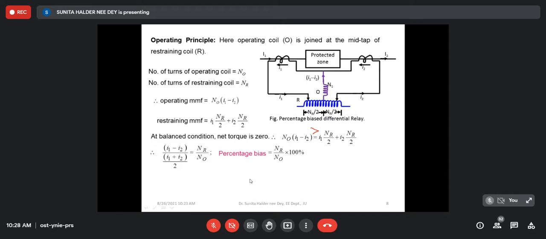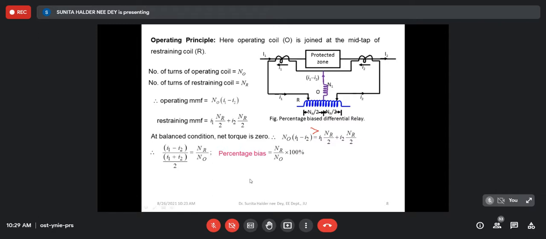Why do we need a percentage bias differential relay for generator winding protection? We could use a normal differential relay. But if we used the normal differential relay, then we would have to be certain that CT matching is 100% perfect. But it is very difficult to achieve, and we cannot ensure that. That's why it is better to use a percentage bias differential relay, but with a low bias rating.